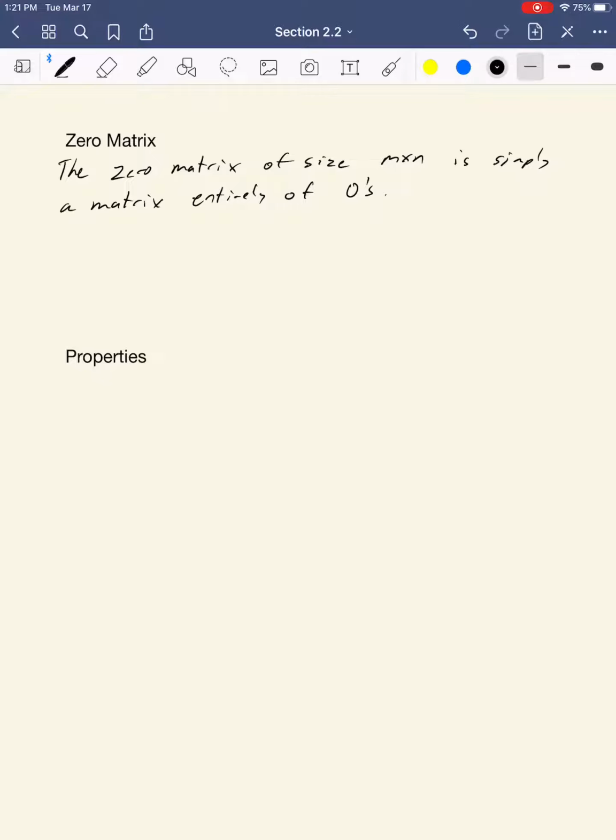I will sometimes write this in notation as 0 with m by n as a subscript if we're unsure of the size. Sometimes, if we know that we're talking about a matrix, we'll get away with loose notation, just a 0, when it's clear that we're not talking about the number 0, but we do need to be careful there.